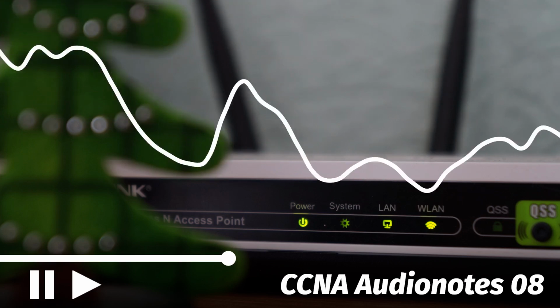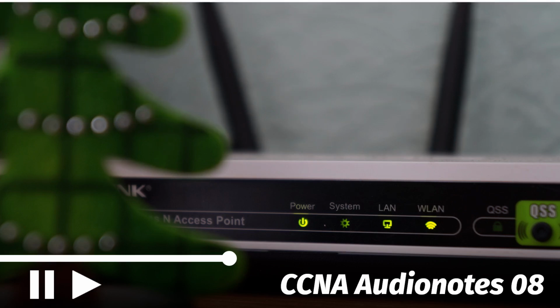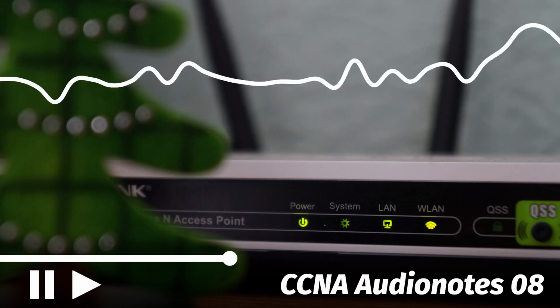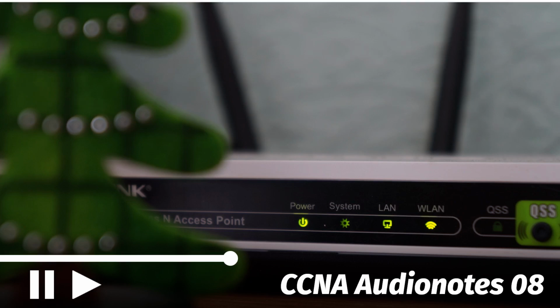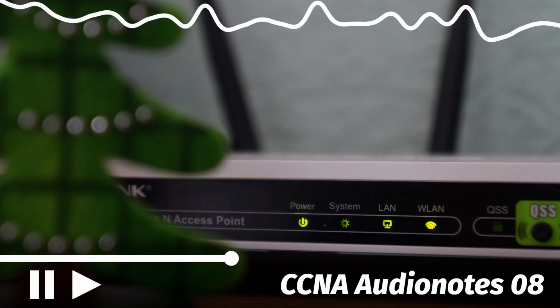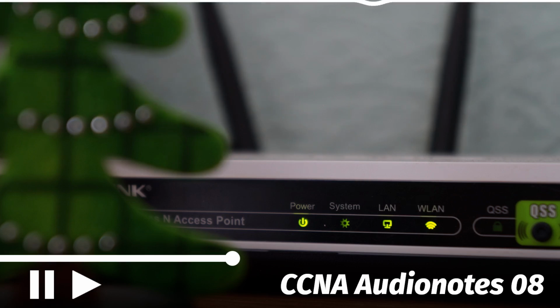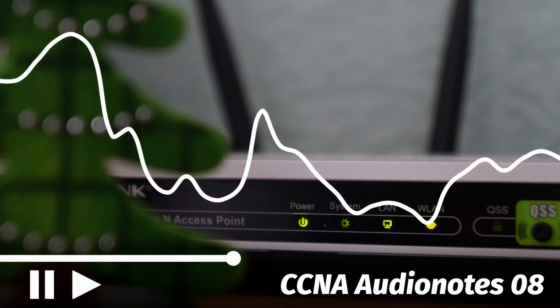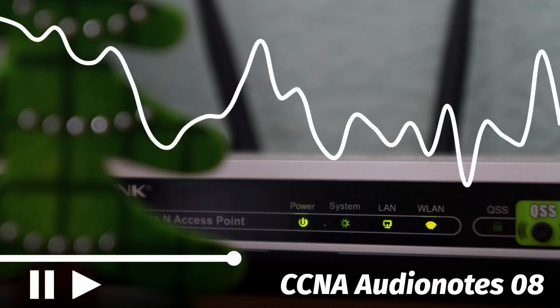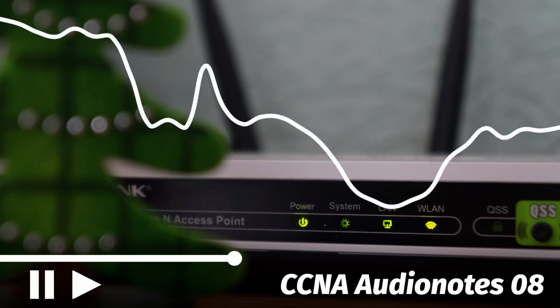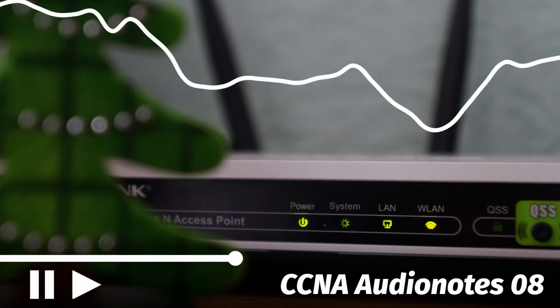But in case the data gets lost and the PC does not receive it, the web server resends the acknowledgement message telling the host to resend that sequence again. And this is how the sequence number helps to mitigate losses in transmission of data.